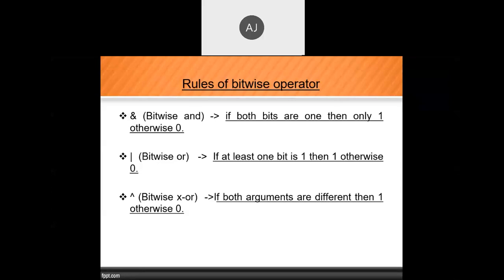That means if the two input bits are similar, we get 0: 0 0, 1 1, both give 0. If the bits are crossed, like 1 0 and 0 1, then we get 1. These rules are very important.